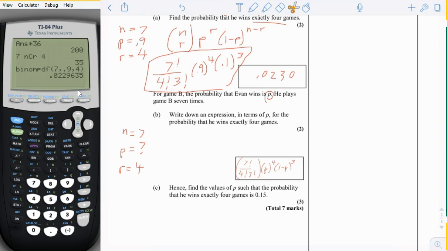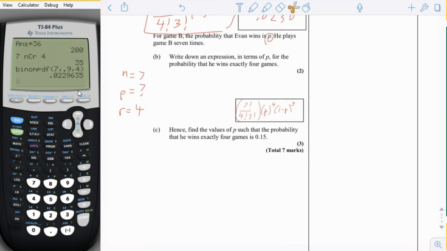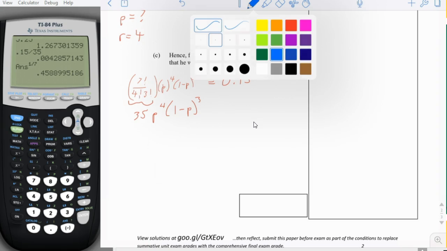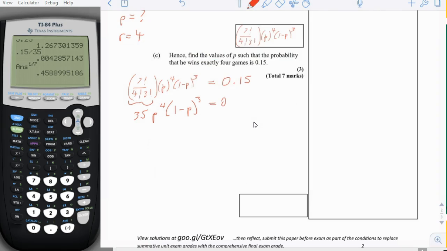Okay, then it says, hence, find the values of P such that the probability that he wins exactly 4 games is 0.15. So let's see. So we're going to get this expression again. And we're going to put it here. And then we're going to set it equal to 0.15. And then we're going to try to solve this equation, which is not really that easy. Luckily, this is a calculator test, right?